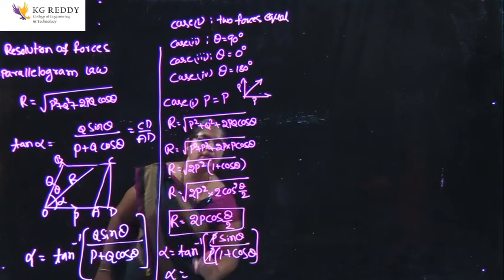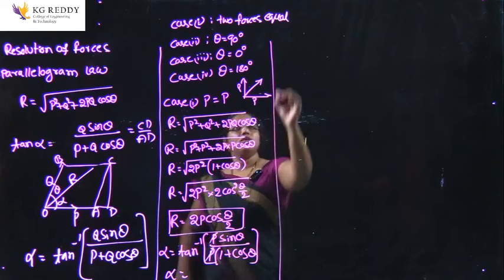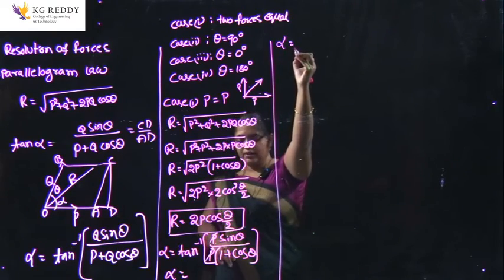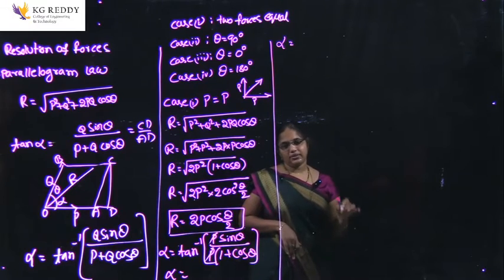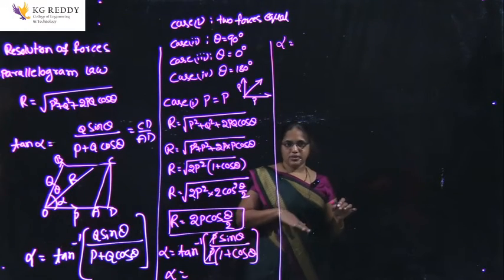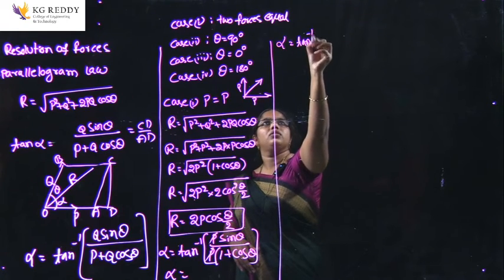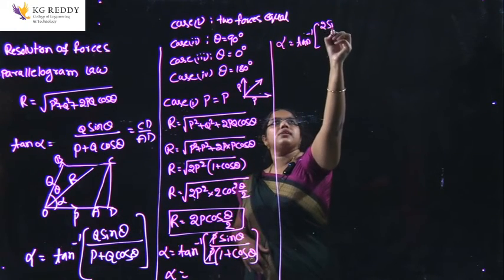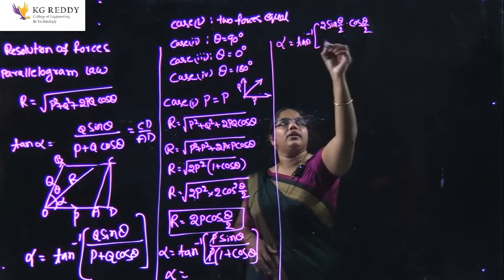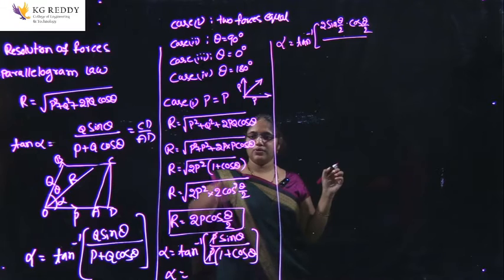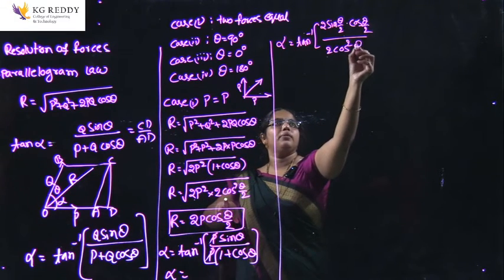In trigonometry we write sin theta as 2 sin theta by 2 into cos theta by 2, so tan inverse of 2 sin theta by 2 into cos theta by 2, divided by 1 plus cos theta, which we have written as 2 cos square theta by 2.